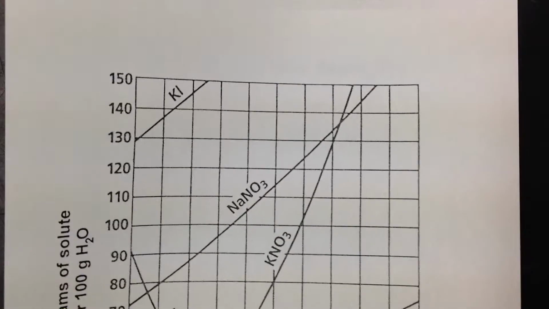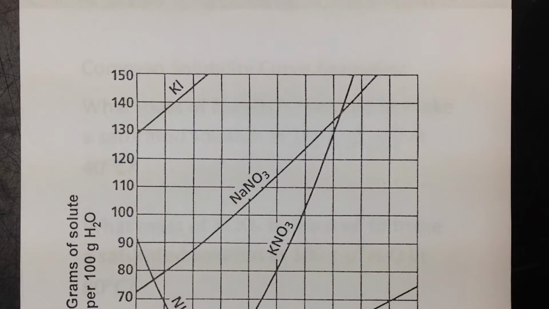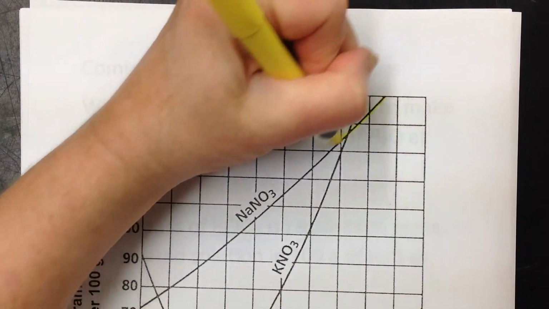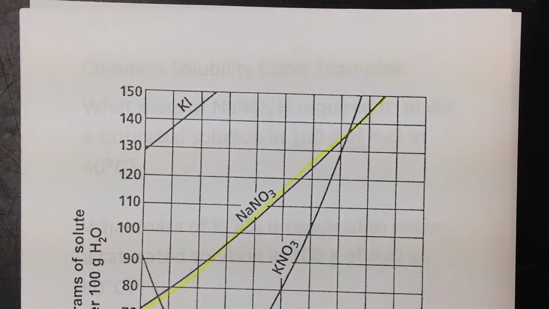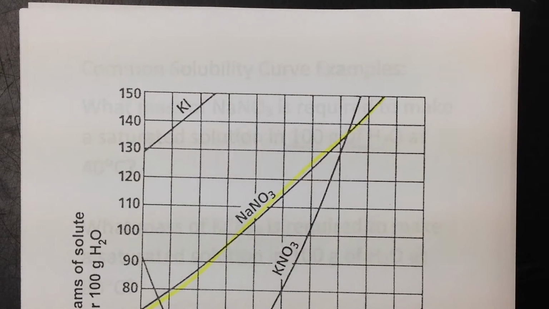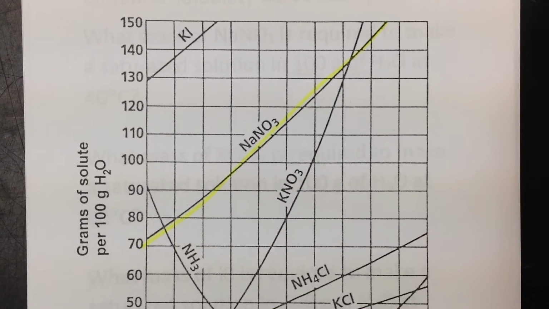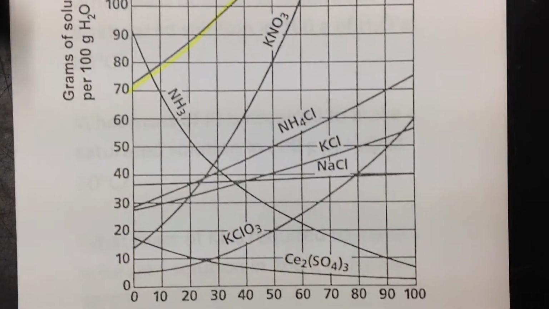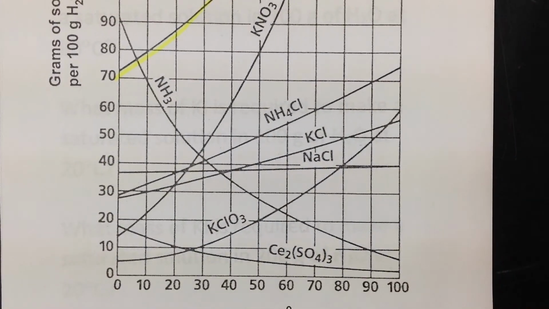So we're looking at sodium nitrate, which is right here. So this is the line that we are focused on. And the question says, at 40 degrees, how much can we dissolve to make a saturated solution? So what we're going to do is go down here, and I'm going to have to move this around a little for you. We're going to look at 40 degrees, which is right here.